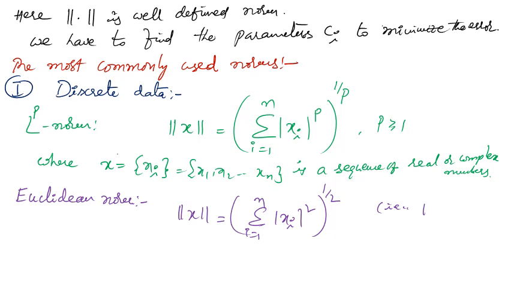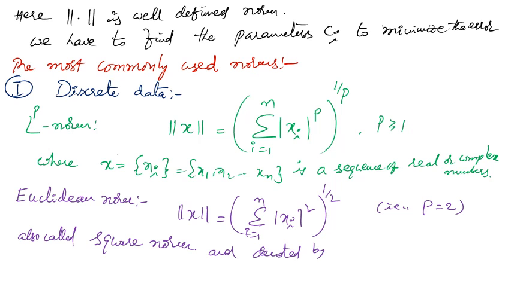In the LP norm, take p equal to 2. And this is also called the square norm, and sometimes in textbooks it is denoted by norm 2, norm x2.